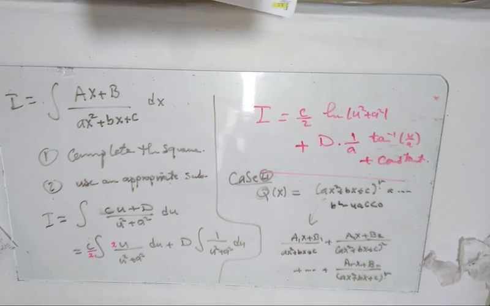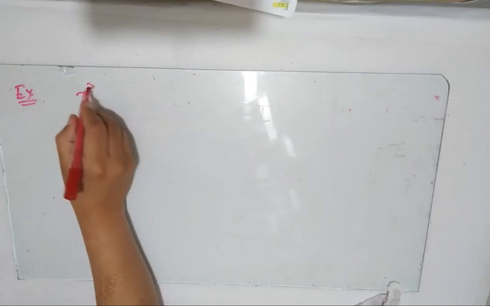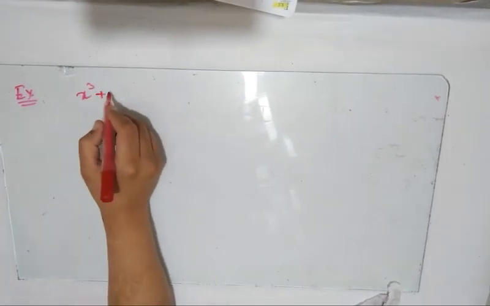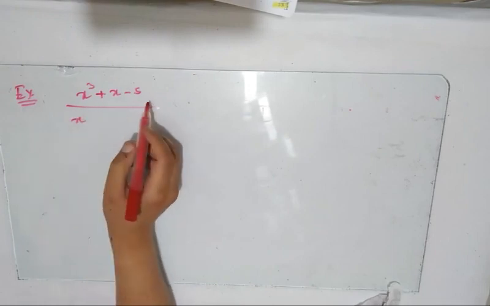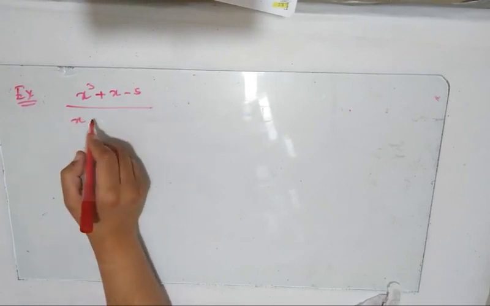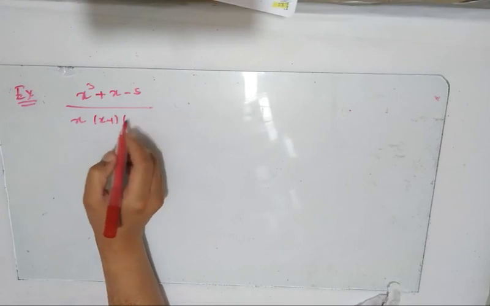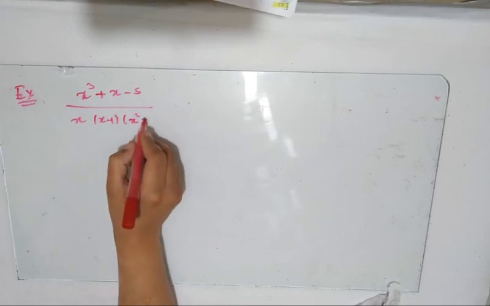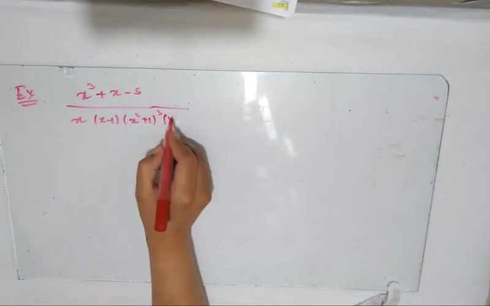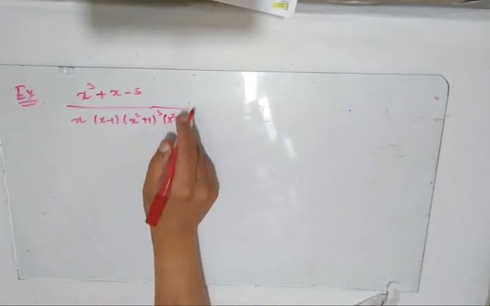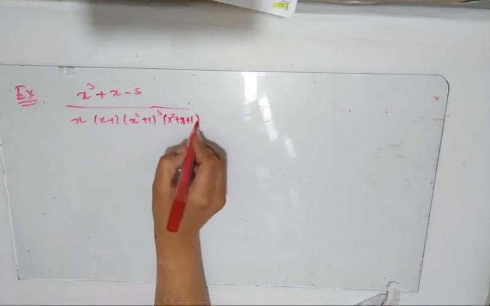Okay, so let's see an example to understand the last case. If I want to calculate the partial fraction decomposition of such a rational function, (x cubed plus x minus 5) over x times (x minus 1) times (x squared plus 1) cubed times (x squared plus x plus 1).